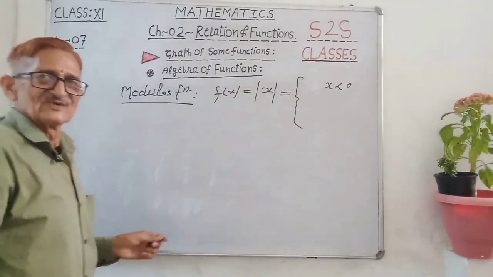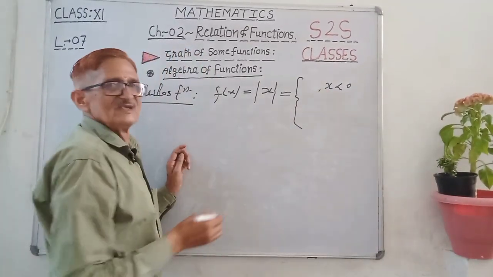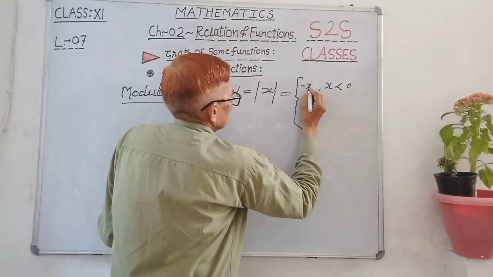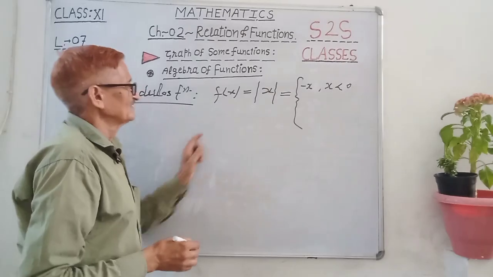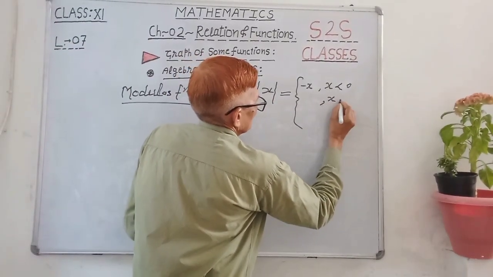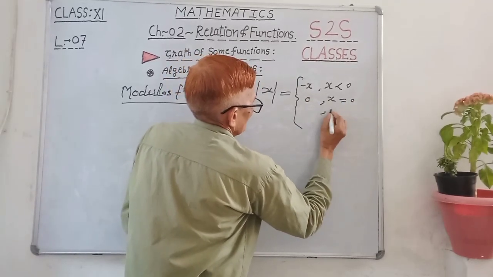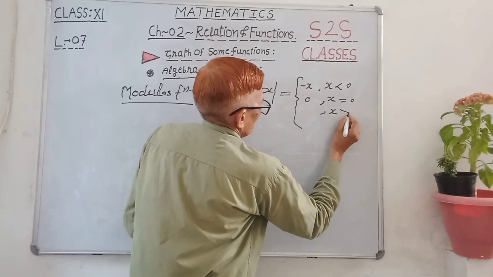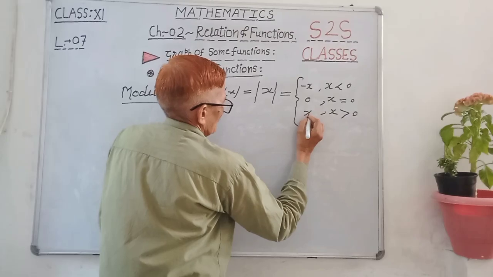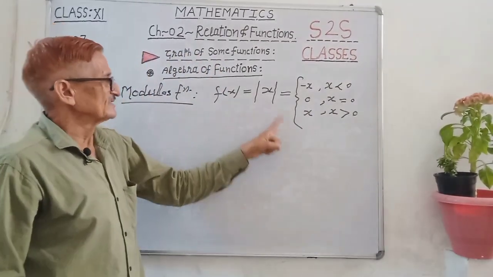If x is less than 0, any negative real number, then it will be minus of that x. x is negative and multiplied by negative, this will be the modulus x value. And if x is 0, modulus 0 is 0. If x is a positive real number, then it will be only a positive real number. x is positive, as it is, x will be the modulus x value.